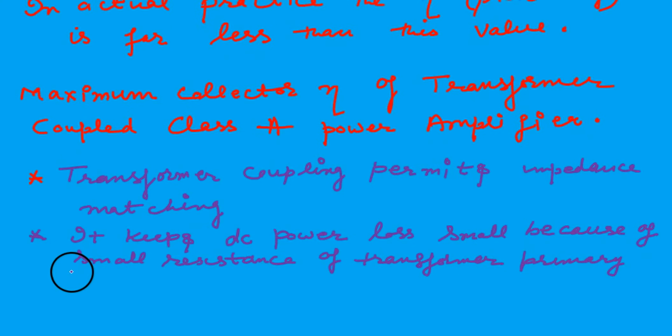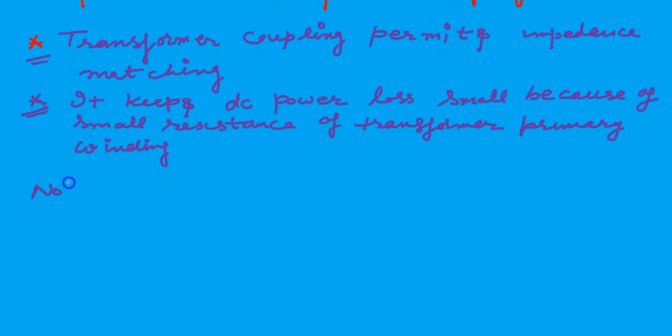The transformer primary winding resistance is very, very small, especially the DC resistance is negligible, because they are coils, and we assume that the DC resistance is 0.